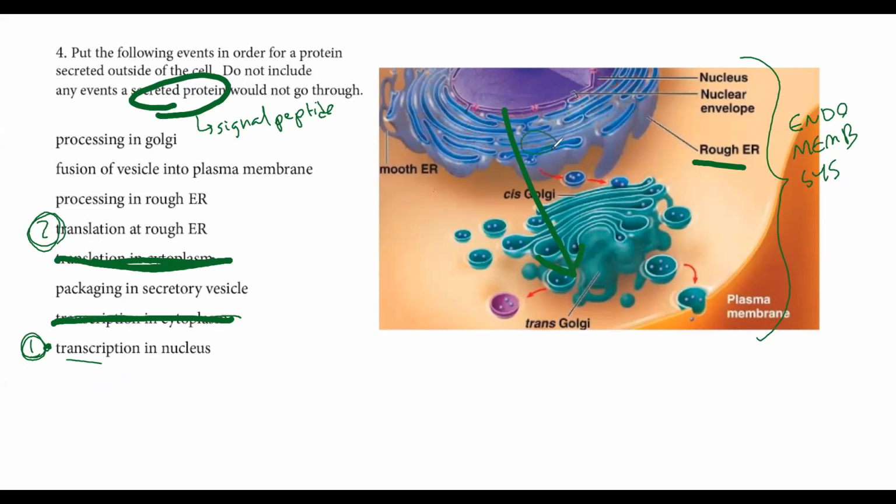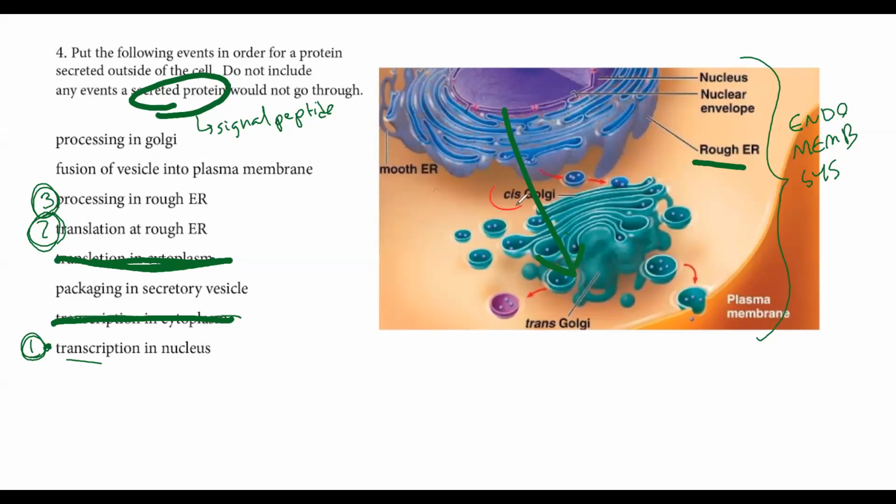Now that we're at the ER area, you travel from here to the outside of the cell. So the next step is the Golgi. Before you hit the Golgi though, you need to be processed in the rough ER. So proteins are processed inside of the rough ER. Then from the rough ER, we travel to the Golgi on the cis side.